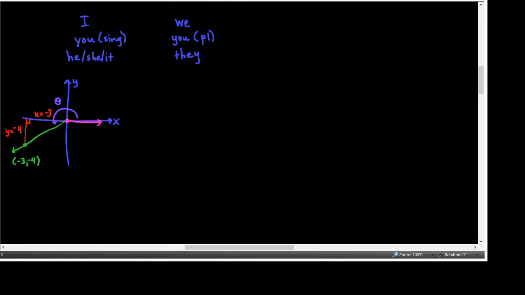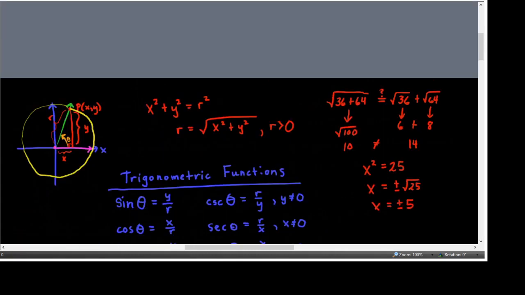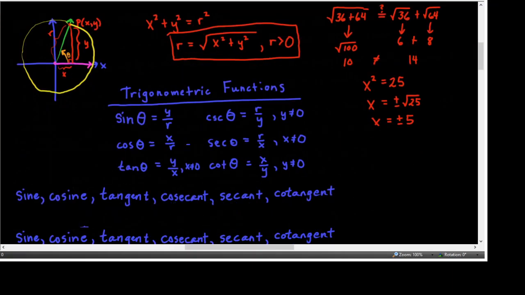Now, the thing that we don't know yet is what r is, and this is why I had you learn that equation for r. Make sure you memorize it. I'm not sure I said that earlier, but you need to memorize this one. R is the square root of x squared plus y squared. I think I got caught up in talking about how that won't simplify. I forgot to say, yes, and please memorize that. Let me go back up there and box that because that's worthy of attention, that you need to memorize that, as well as the trigonometric functions.